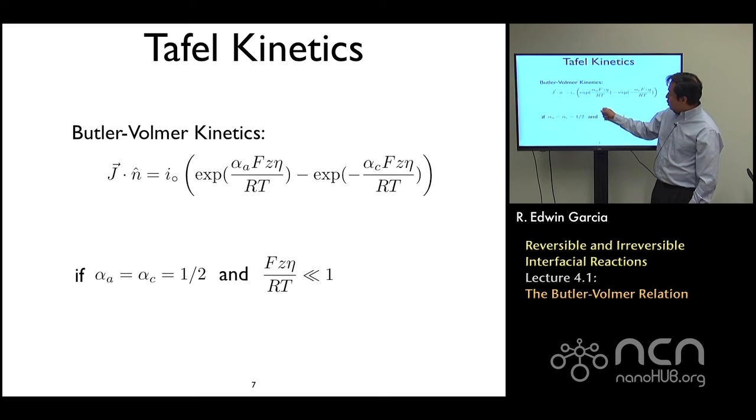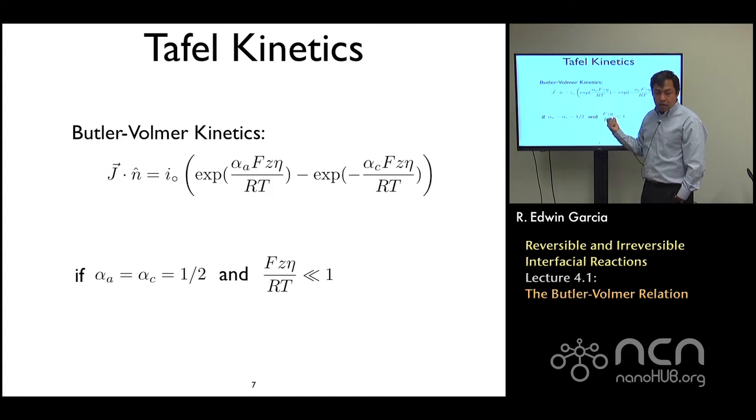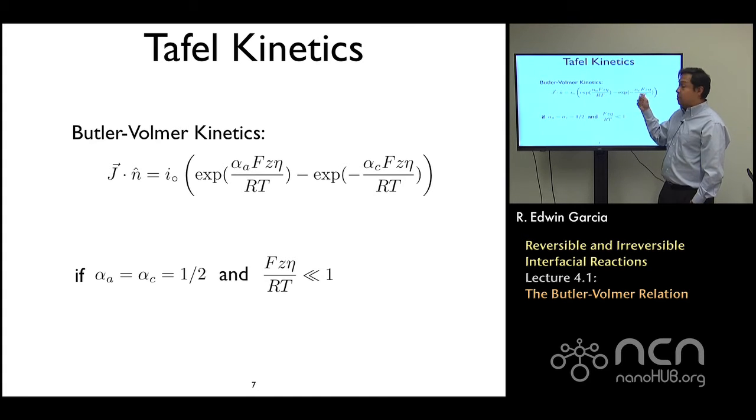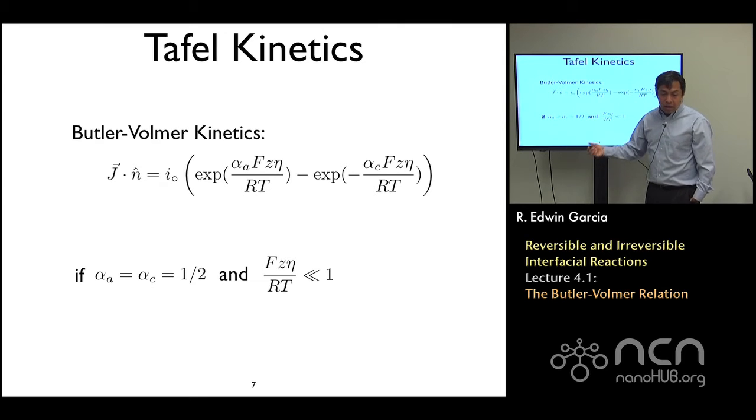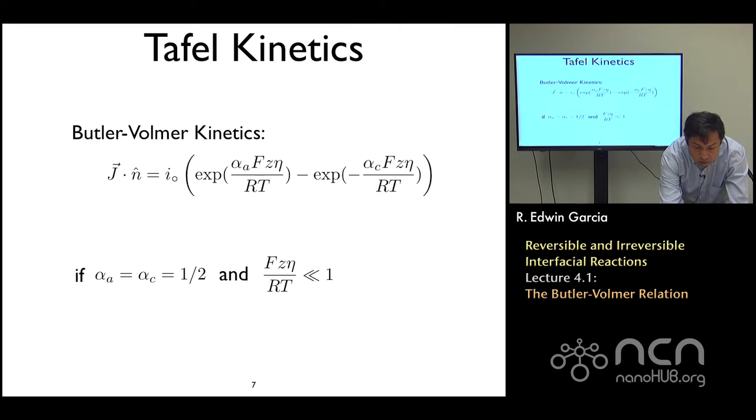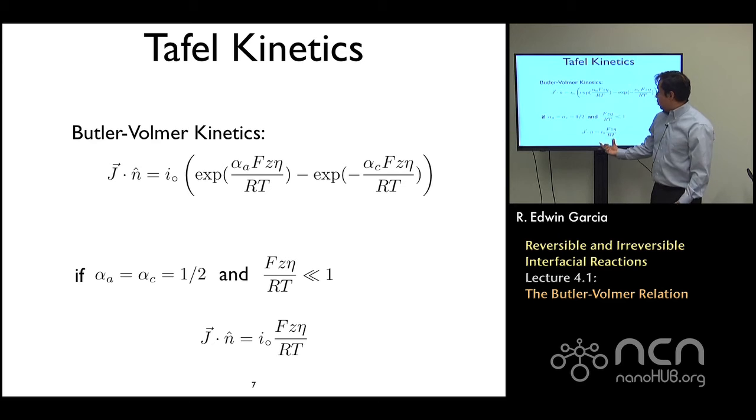that is, for the case where the electrical energy is much smaller than the thermal energy, then what we can do is expand this exponential in a Taylor series, the same as this one, and if you follow the math and expand this to first order, what you will find is that you can refer to that relationship as being linearly dependent on the overpotential, where I naught is still the same as the previous slide.